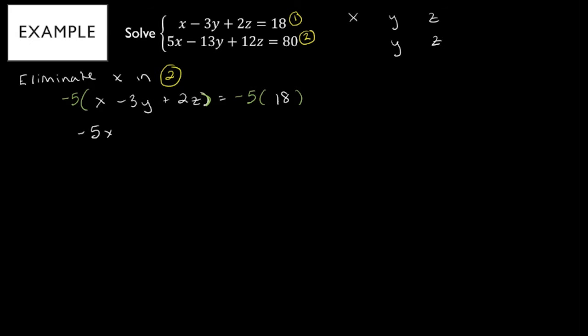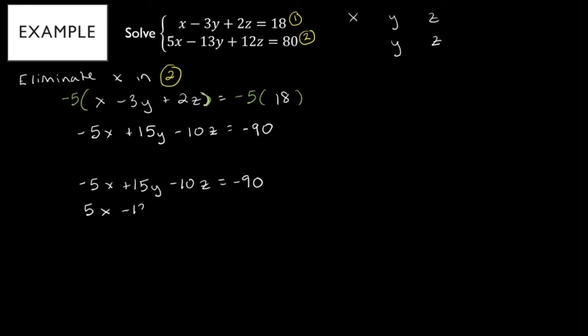So this gives me -5x plus 15y minus 10z equals, and I did this earlier, -90. Then I leave myself a gap and I rewrite this equation. And now I take equation 2 and write it underneath it.